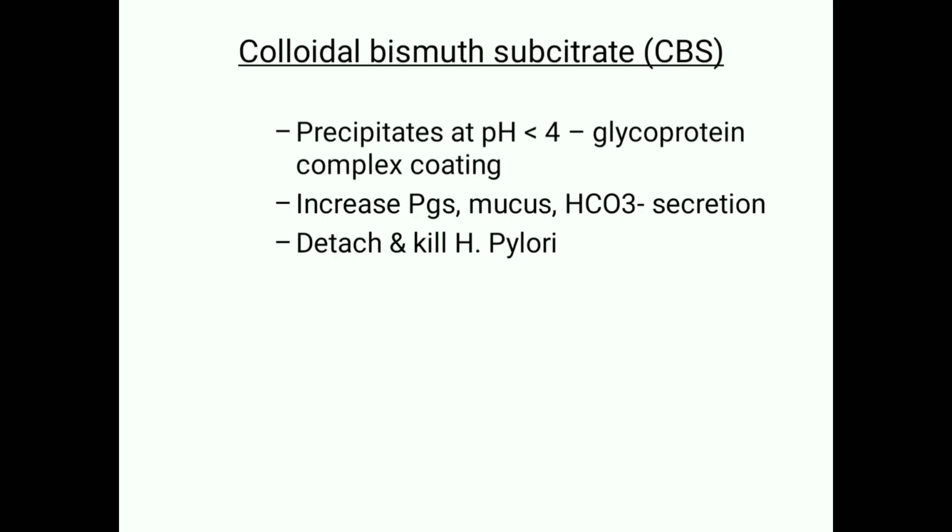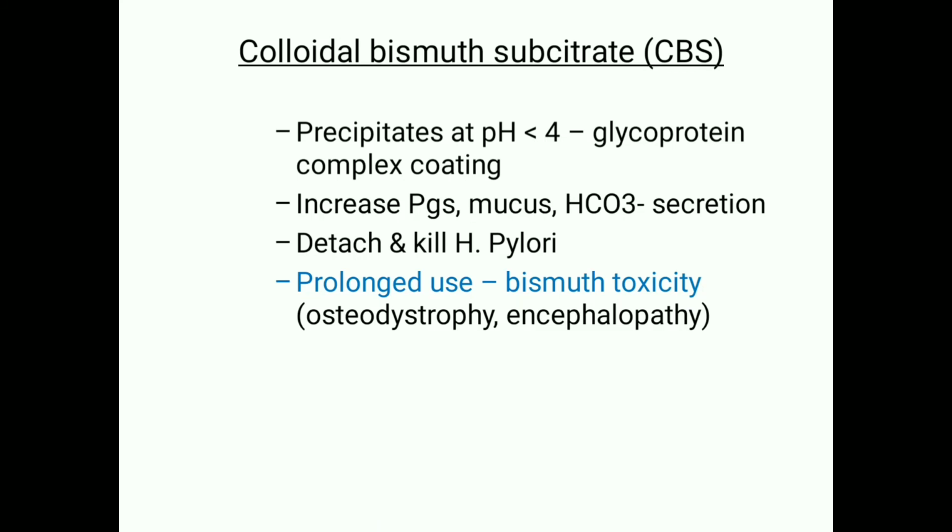And one important action is that it could detach and kill H. pylori. So this is one of the drugs which could have action against H. pylori bacteria. But on prolonged use, there is risk of bismuth toxicity, which could result in osteodystrophy and encephalopathy.